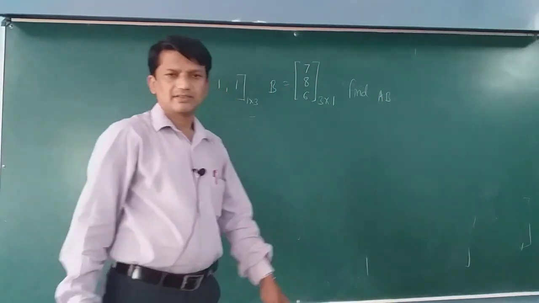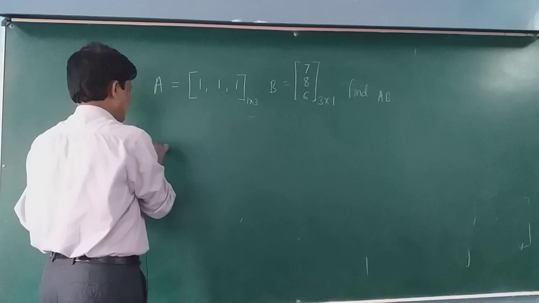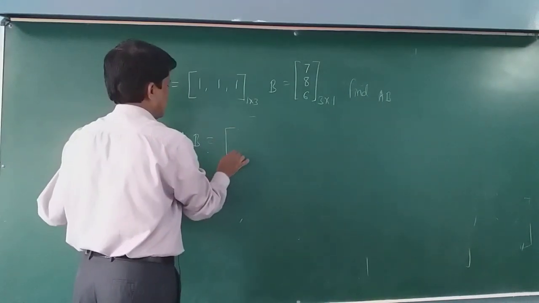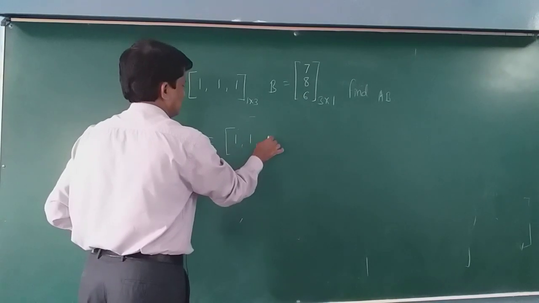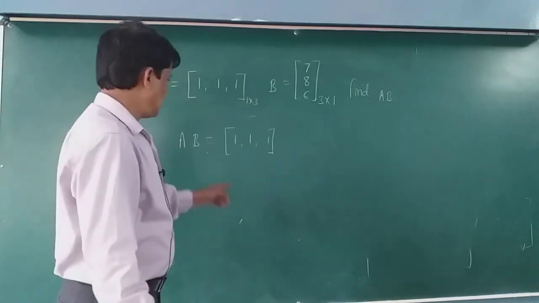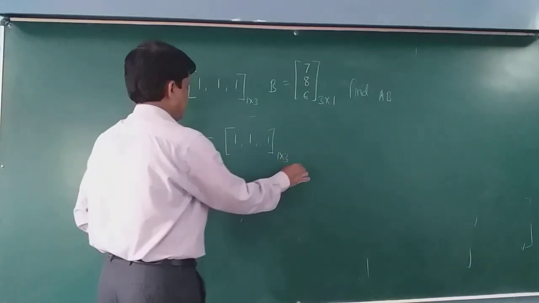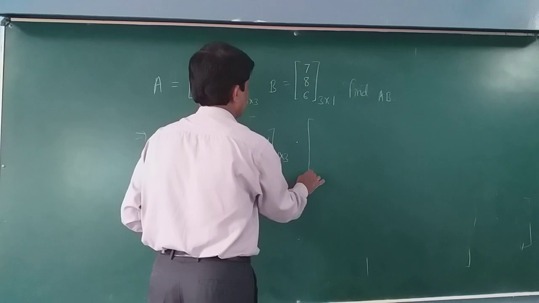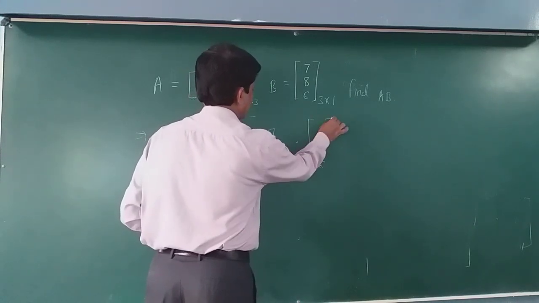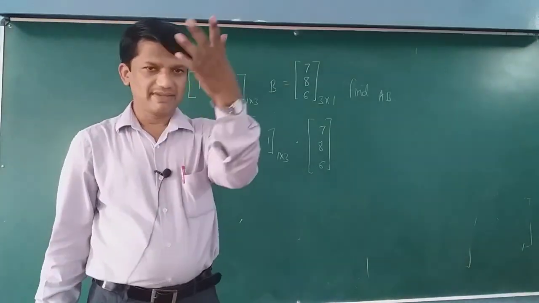Look here, according to our rule, what will be the answer? Here AB is equal to, first write A, 1 1 1. So what will be the order? 1 by 3. Multiply with here 7 8 6. This is a column matrix.